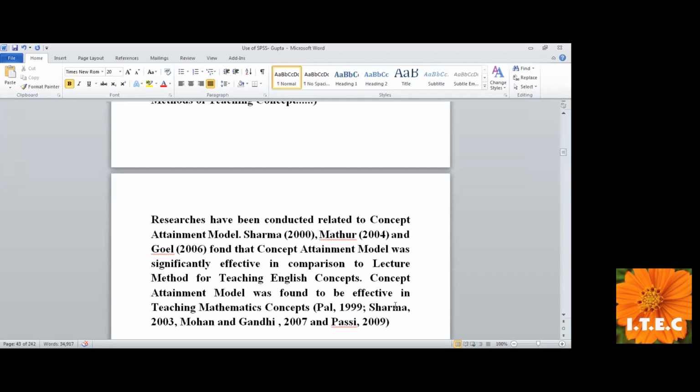Then Sharma and his paper was published in 2003.